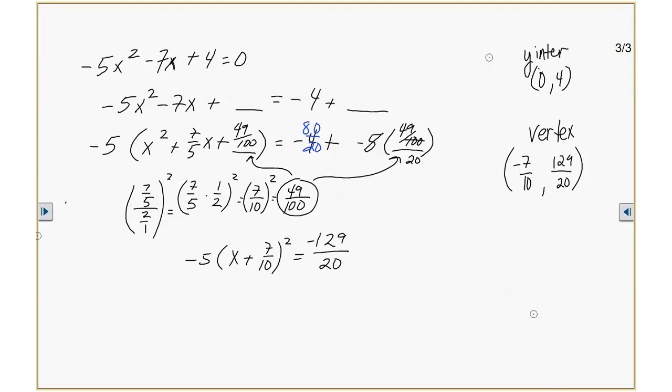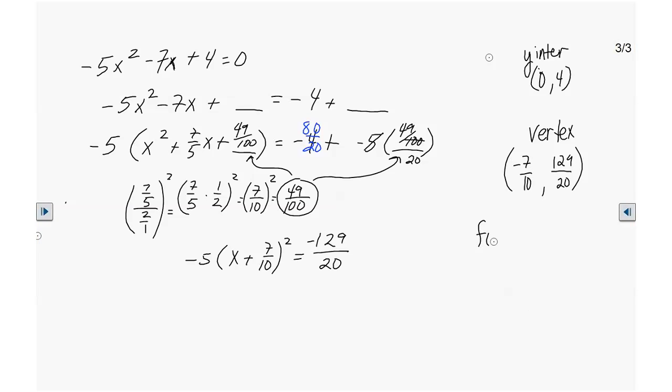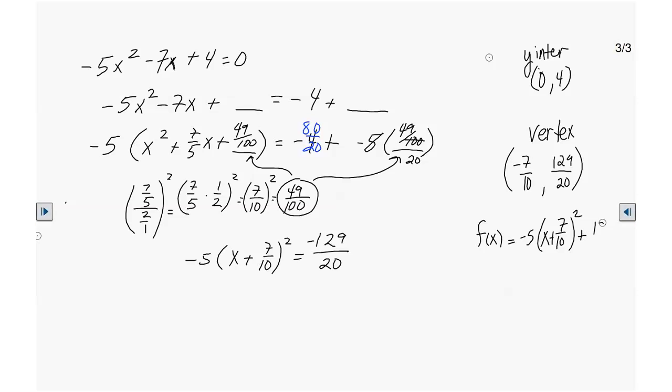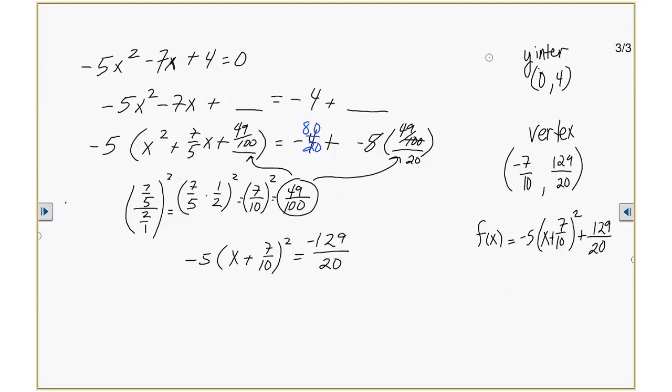And our vertex form is f of x is equal to negative 5 times x plus 7 over 10 quantity squared plus 129 over 20. What does that negative 5 tell us? It tells us it opens downward and it's compressed along the x-axis.